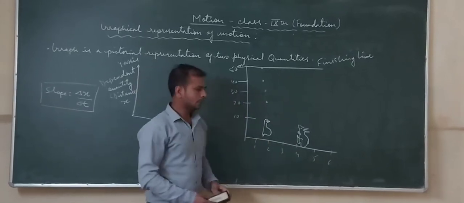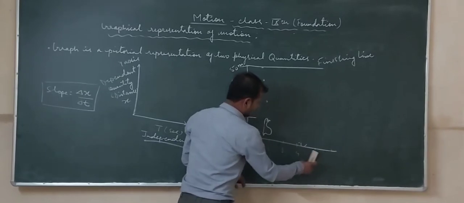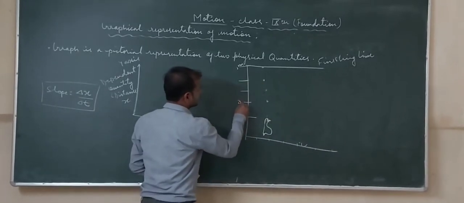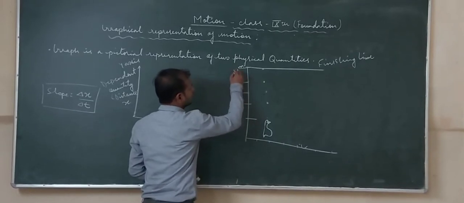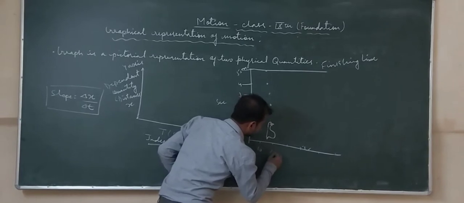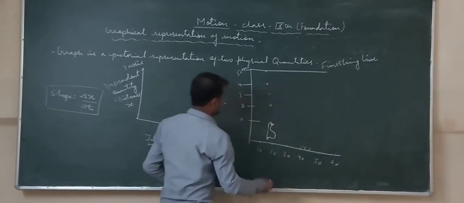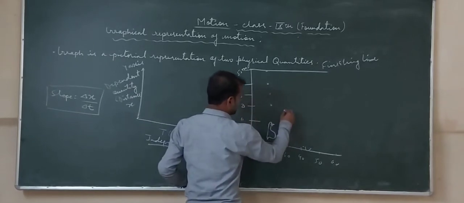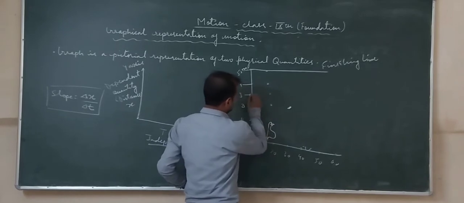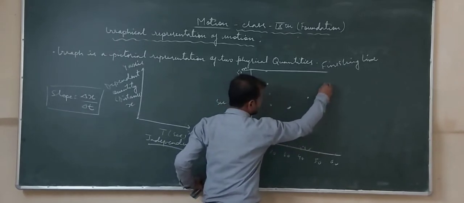So you will be able to see that if I change this to this, 1, 2, 3, 4, 5 would be seconds, and these are 10, 20, 30, 40, 50, 60. You will be able to see that in the second second it has reached this mark, in the third second it has reached this mark, and in the fourth second it has reached this mark.